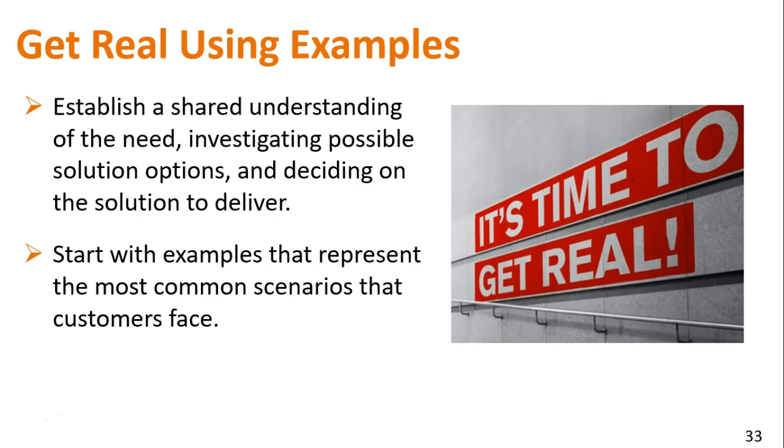So if we can identify that 80%, then that's where we want to focus our initial efforts, to say we've got to have those most common scenarios covered before we start worrying about the outliers.